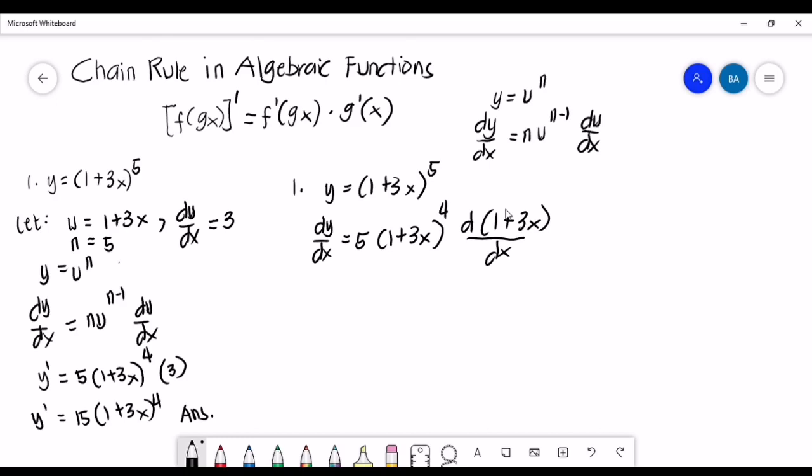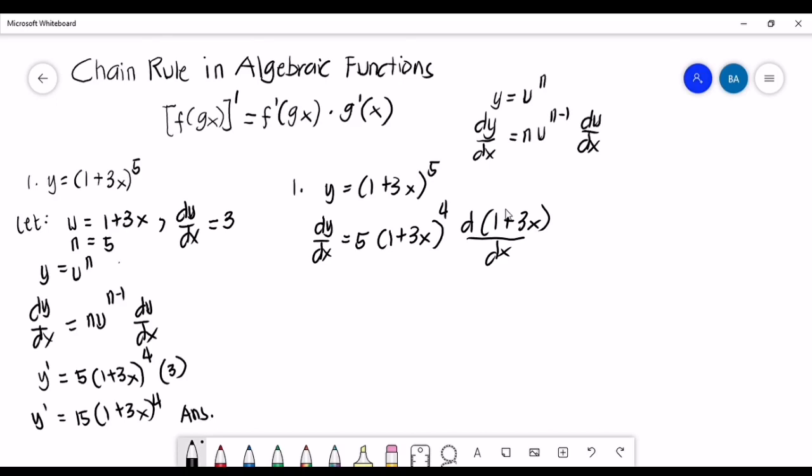Okay, so this now falls in the chain rule, which states that if we are going to find the derivative of f of g of x, we find its derivative and then the derivative of g of x.